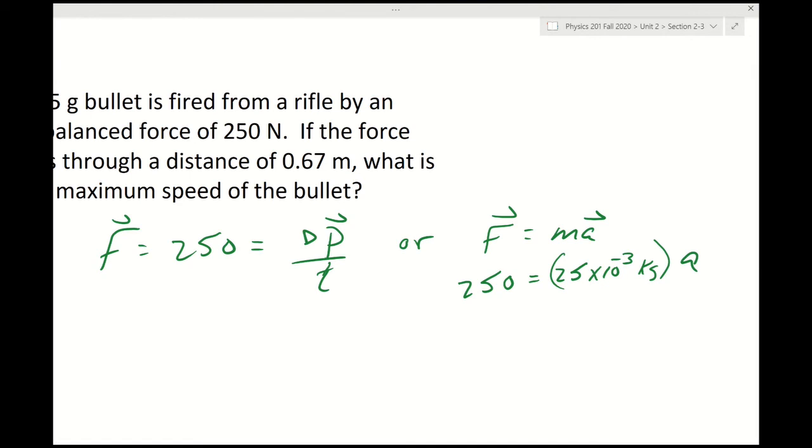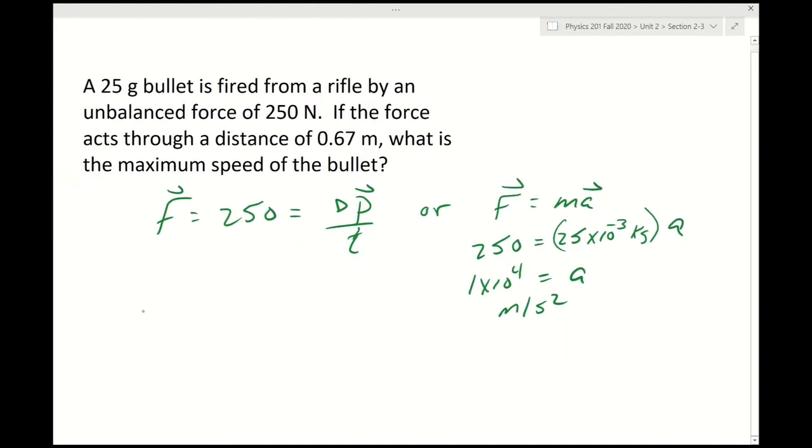Vf squared minus Vi squared is equal to 2a delta x, whatever distance. We know that our initial speed is 0, sitting in the chamber, it's not moving. So our final speed squared is equal to 2 times 1 times 10 to the 4th times the 2/3 of a meter.